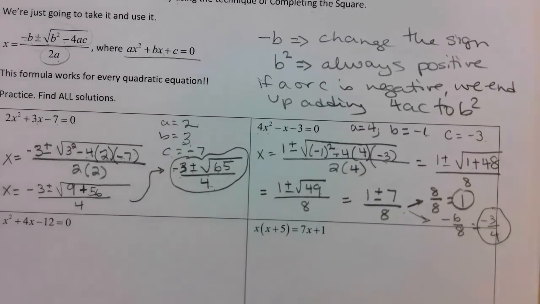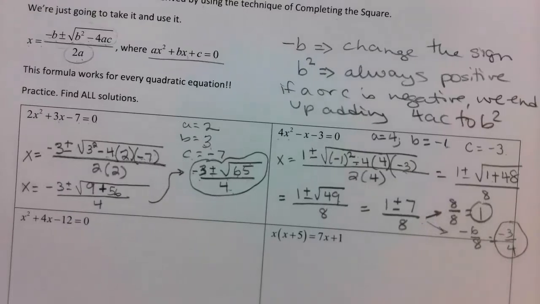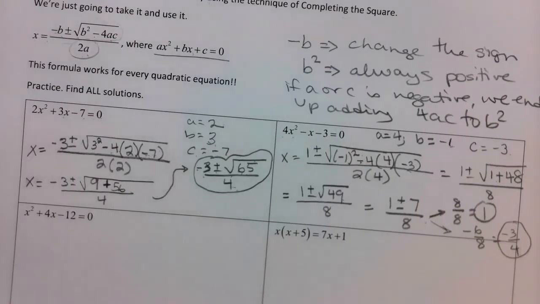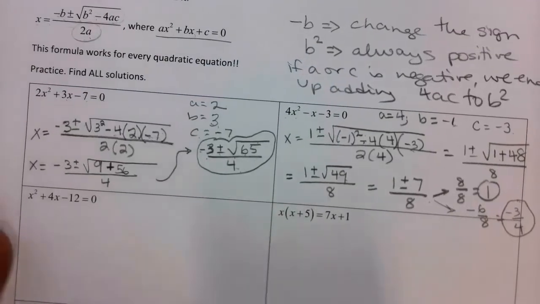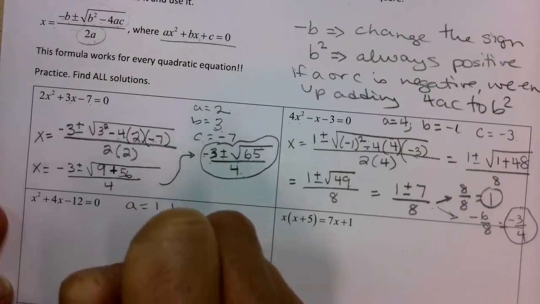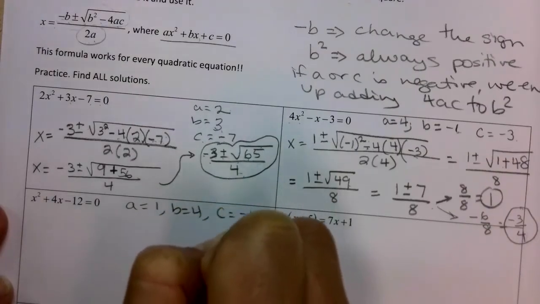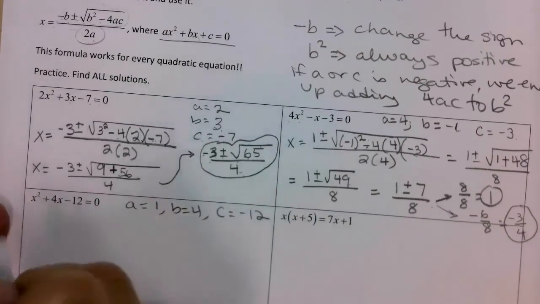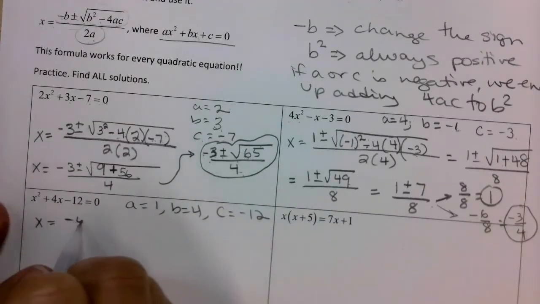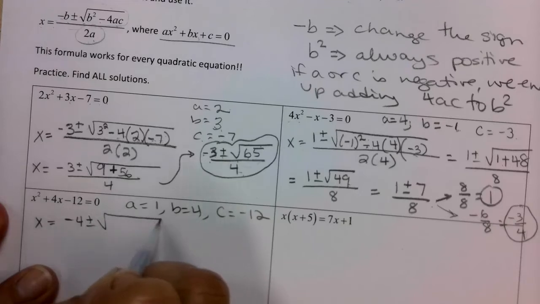Okay, let's do some more. And if you want to pause and see how well you do on your own, I would strongly recommend that, and then come on back. Okay, here we go. A is 1, B is 4, C is -12. So x equals -b, so -4 plus or minus square root.